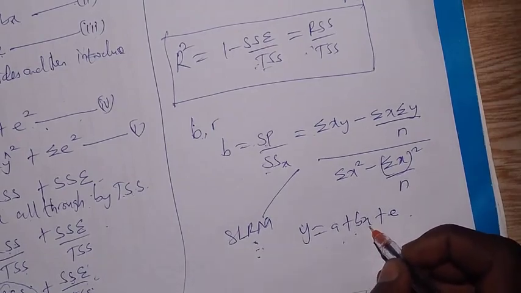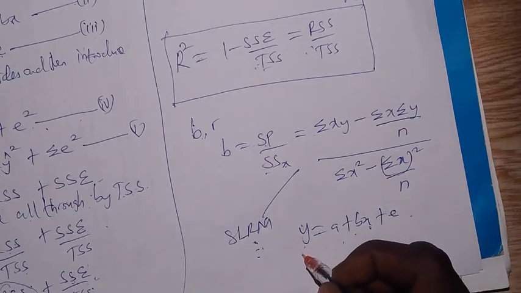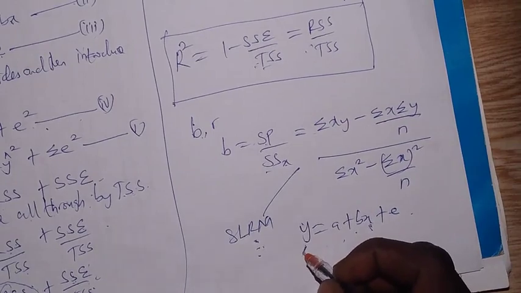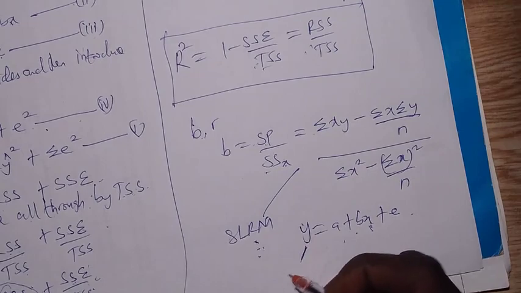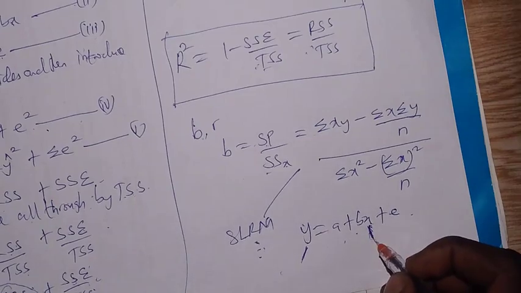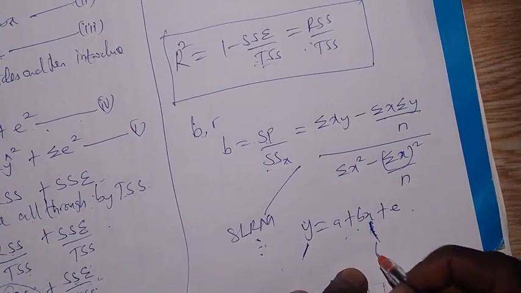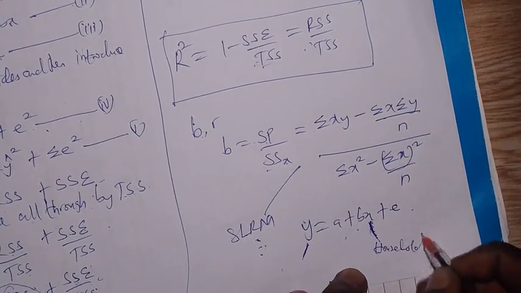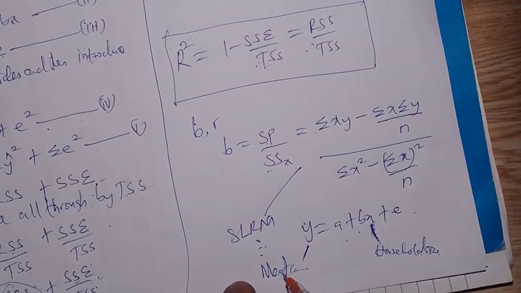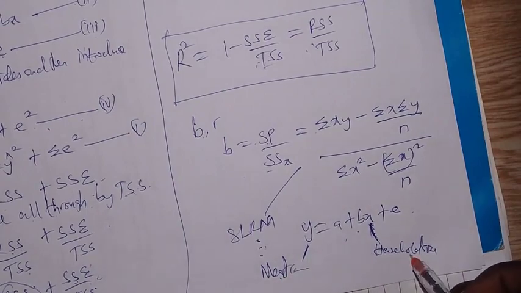X may be fertilizer, and then this may be yields; this may be household size, this may be meat consumption or rice consumption in a particular area or house. It may be bread consumption, or farm size, household size. If you say household size, for instance, then meat consumption, dependent variable, independent variable, right?